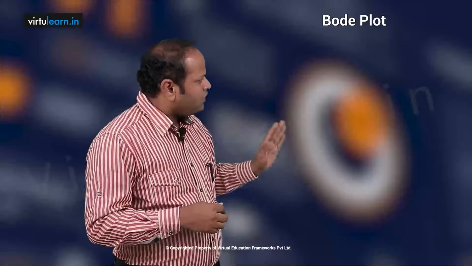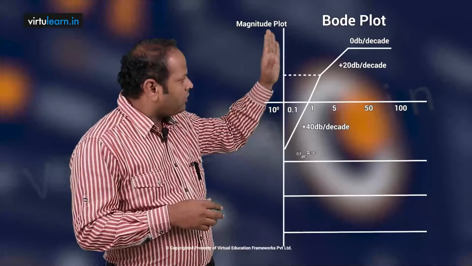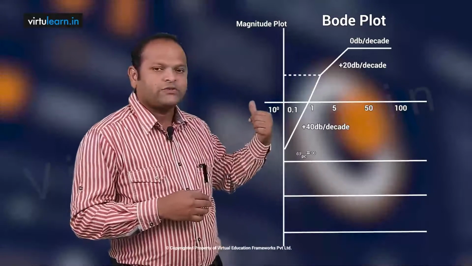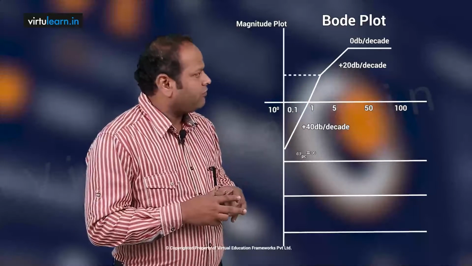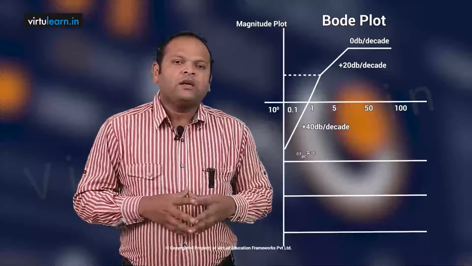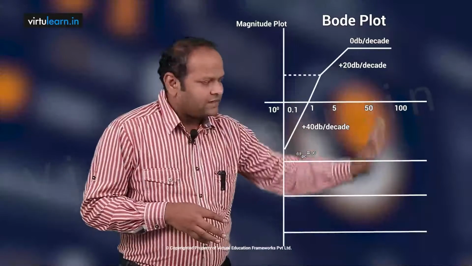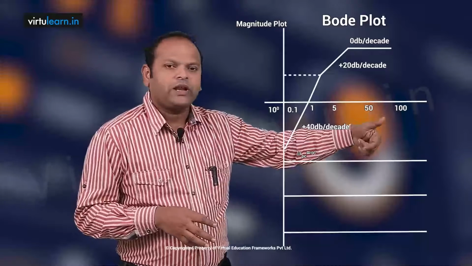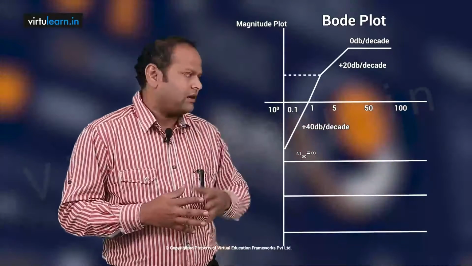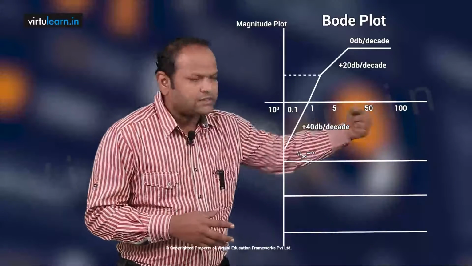Then for M in dB, each unit I can take as 20 dB, and I can list down all those values because it is varying from minus 48 to plus 48. So, all these values we have to choose. Next, for phase angles, you can take the right side. Each unit I can take as 30 degrees, and I can have the scale on the right side. Left side I have M in dB values, right side I can have the phase values, and the x axis has all omega values.